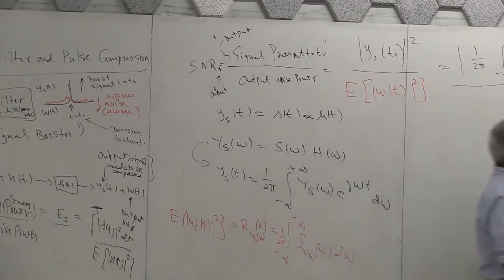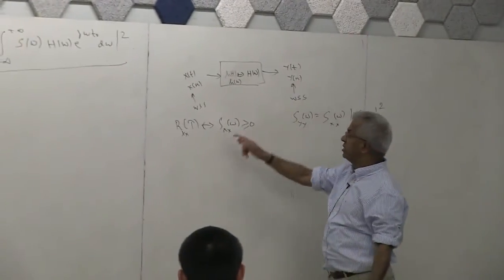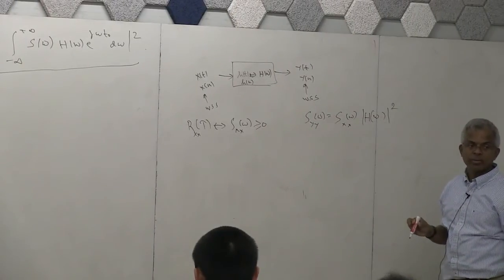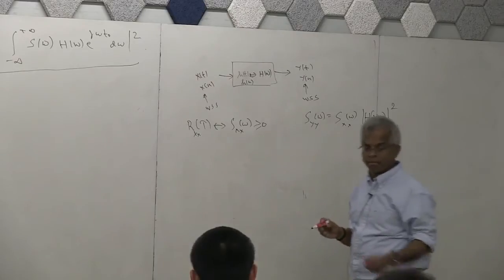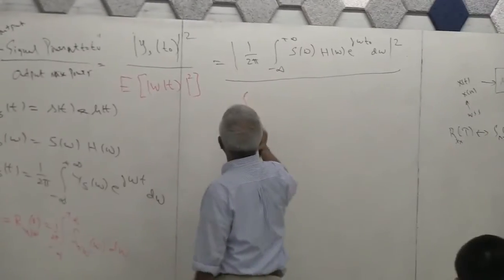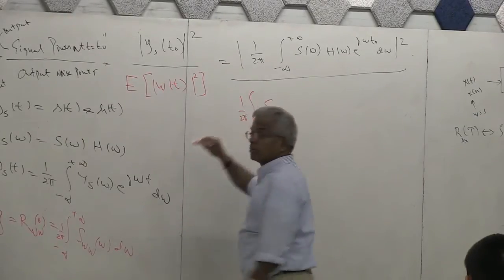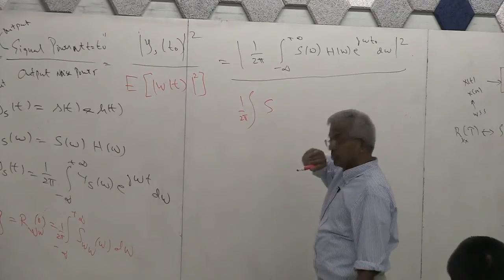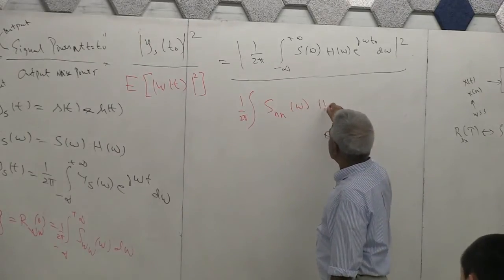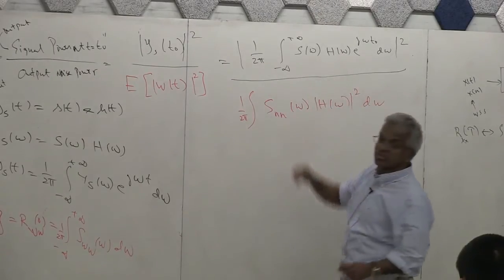But look here, if the input is n(t) and the output is w(t), what is the relation between the input-output spectrum? Same thing, right? So here I can write this as 1 over 2 pi, integral of S_n(omega) |H(omega)| squared d omega. So this is the expression.